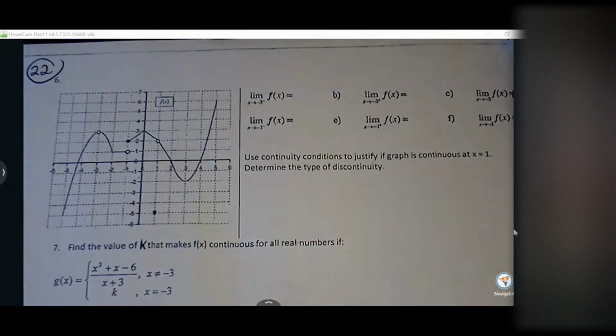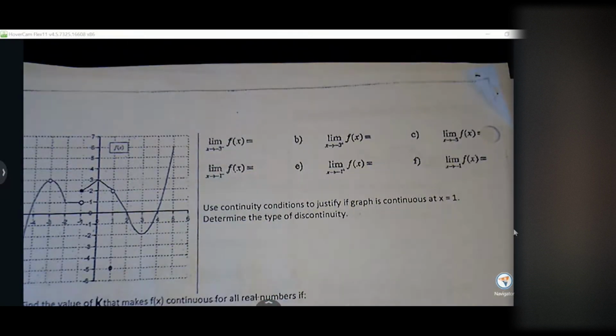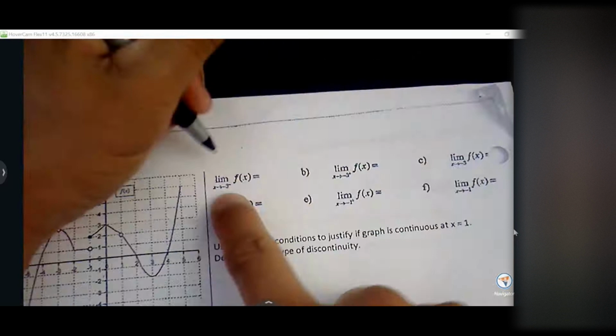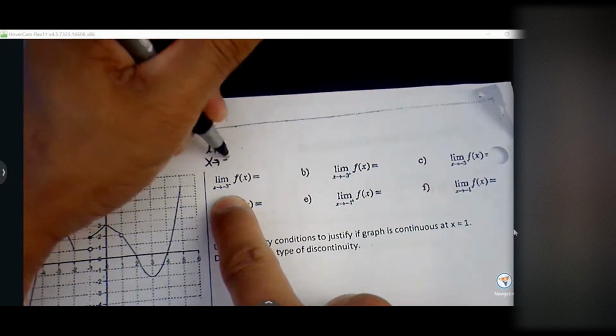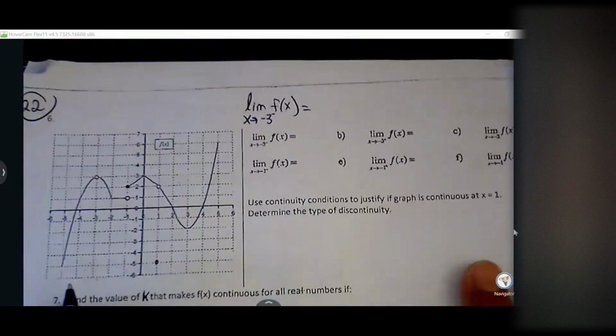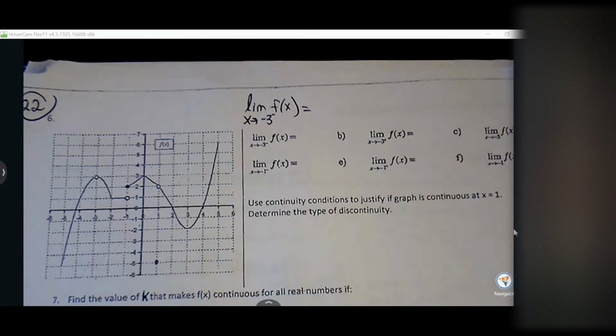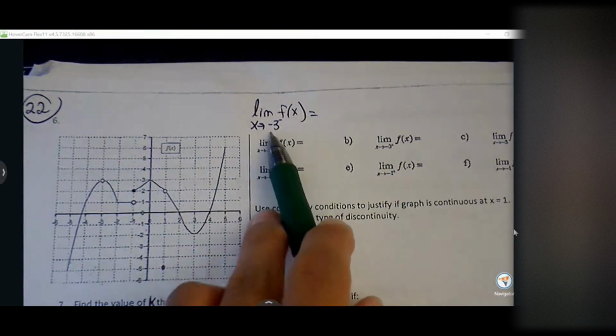Okay, so if we're approaching -3 from the left side of -3, we're just looking for a one-side limit, so we're going to pick a point to the left.